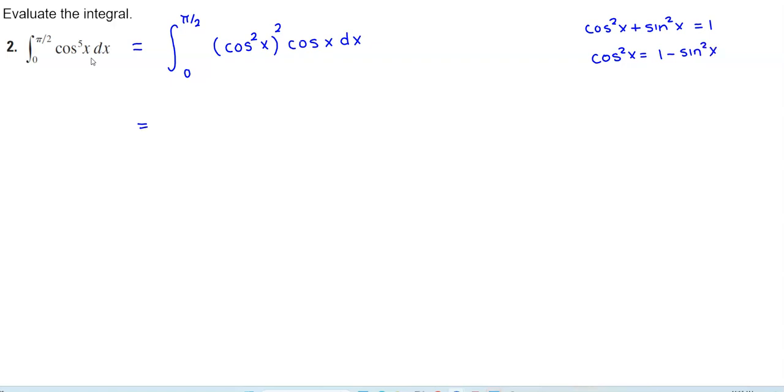Now we're going to substitute. We go from 0 to pi over 2, and now we have 1 minus the sine squared x, squared, times the cosine x dx.